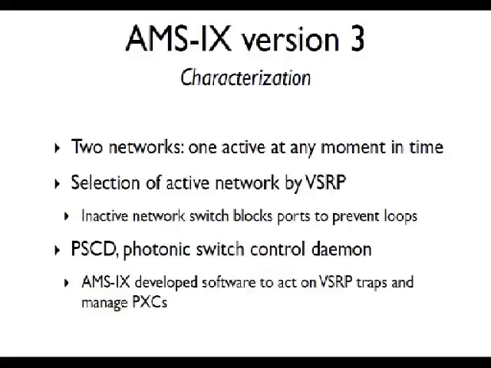Basically, as I said, AMS-IX version 3 was two separate networks. One network was active, the other one was on standby and not carrying any frames once it was standby. And on an external box, we had a piece of software we developed ourselves called Photonic Switch Control Daemon, which controlled the layer 1 switches.